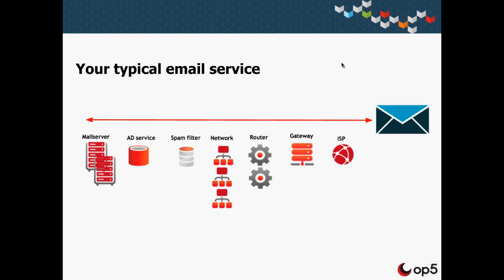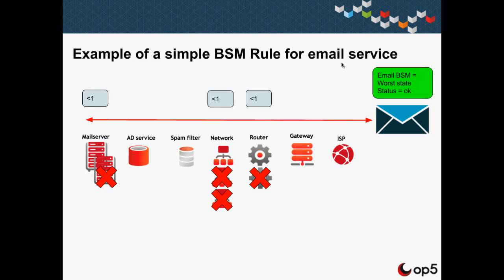Now, this is a simplified view. Usually you have a redundant mail server. You can have multiple networks, redundant ways out, multiple routers. And the way the basics of BSM work is that, let's say in this example, one of the mail servers is down, two of the network switches are down, the router is down.